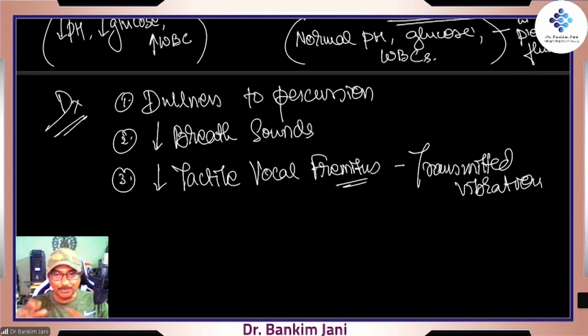When you speak, you feel the vibration. That is what is called fremitus. Then you put your hand in the interscapular space. Behind there is the scapula. In between the scapula, put your hand and tell the patient to speak. When the patient speaks, your hand would feel those vibrations. Again, the principle of the train.